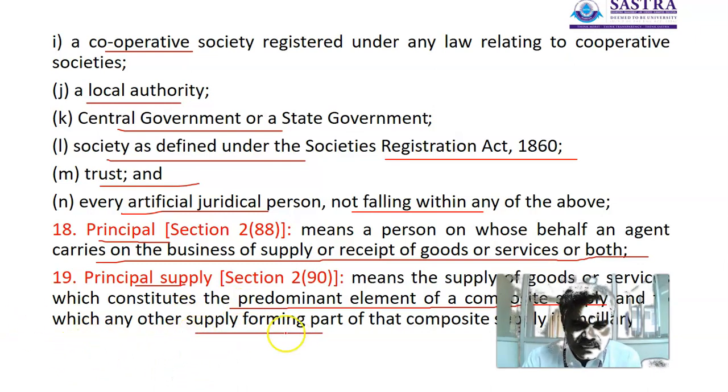You know what is a composite supply? Naturally bundled. The main product, even though it has an ancillary product, should be included. This is called principal supply.